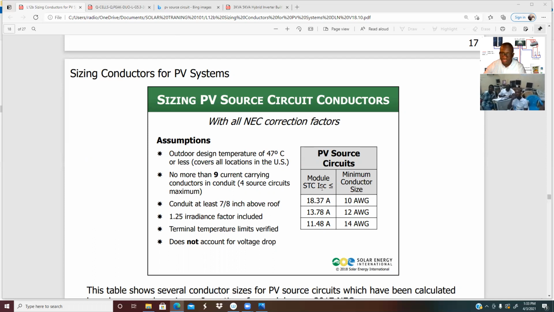So they're saying the STC greater or less than 18.37. We use this, greater or less than 13.78. We use 12. So greater or less than greater. Oh no, this is equal to. This is equal or above.